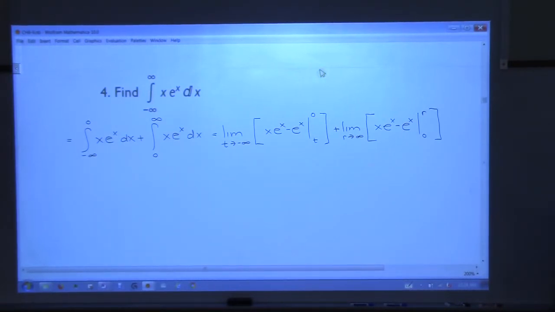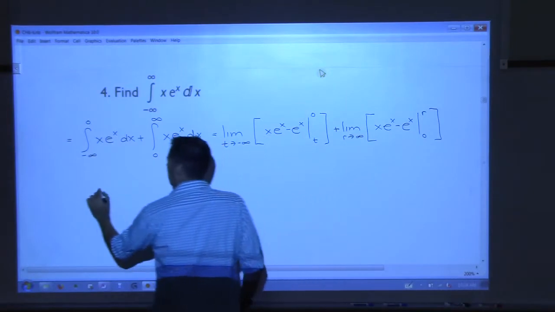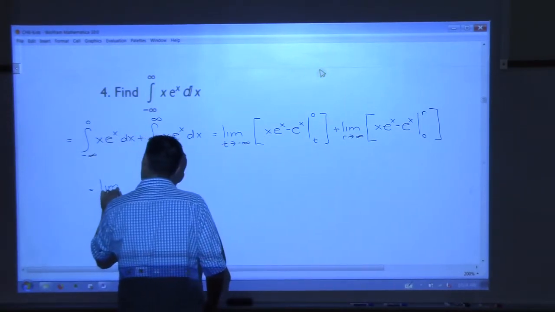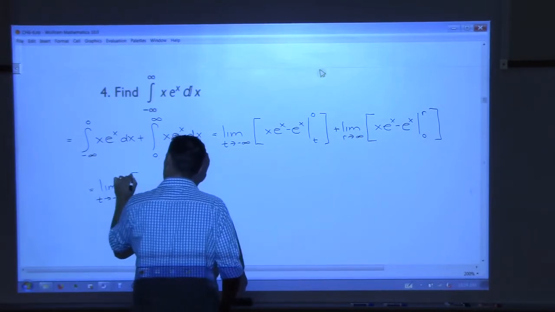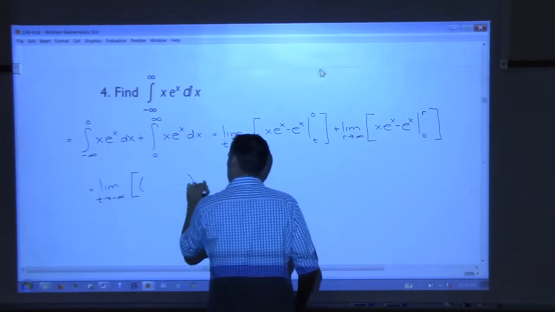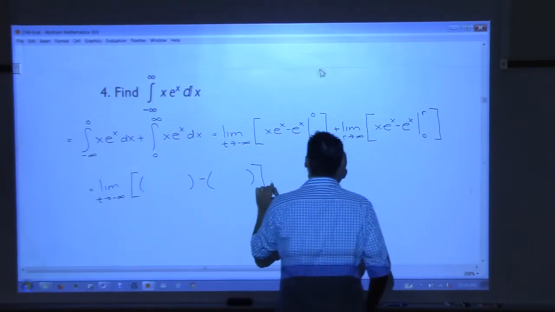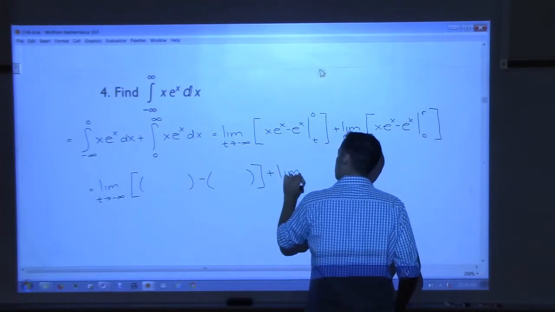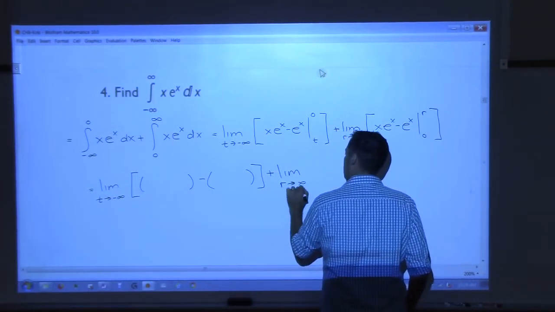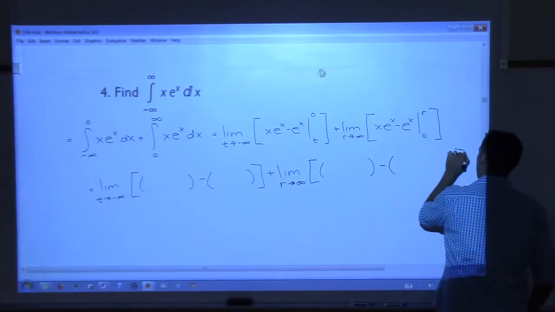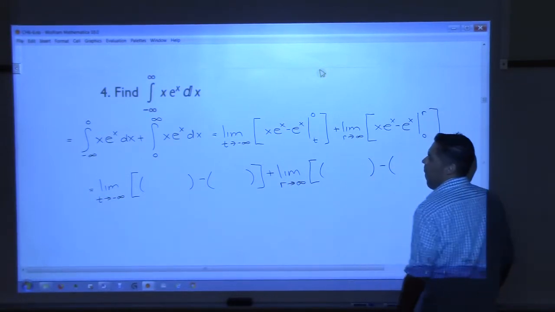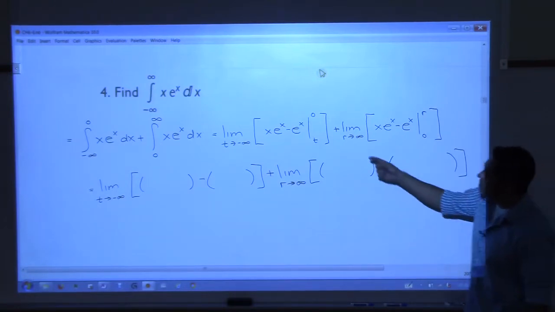Now we get to plug in, right? So limit t goes to negative infinity, I'm going to have two things here, plus limit r goes to infinity, I'm going to have two things here. So we plug in 0, right?